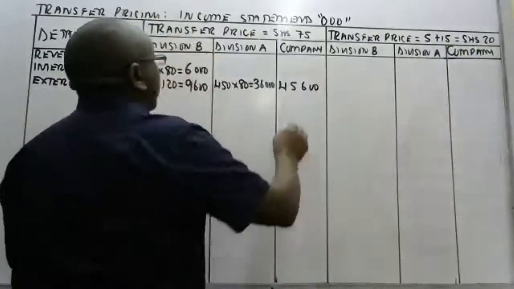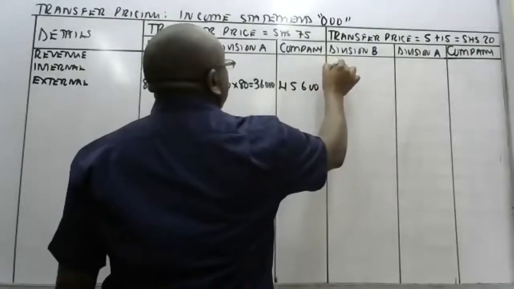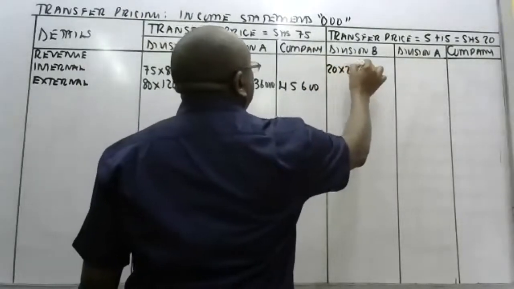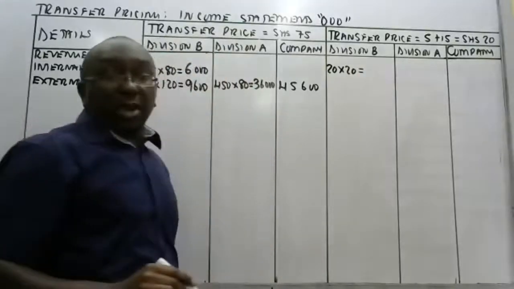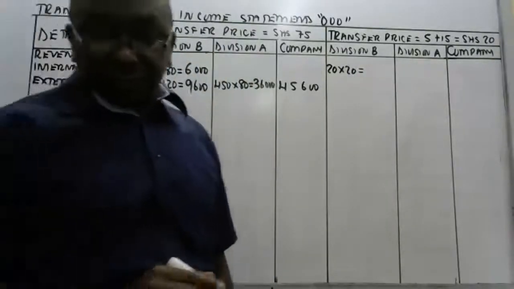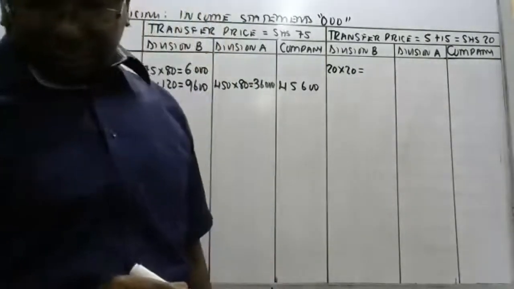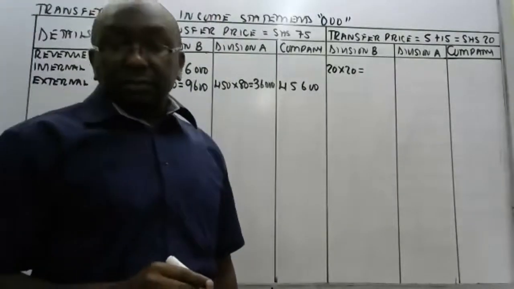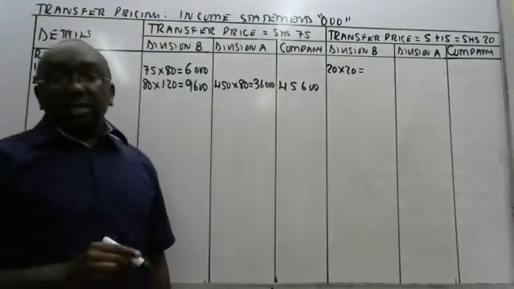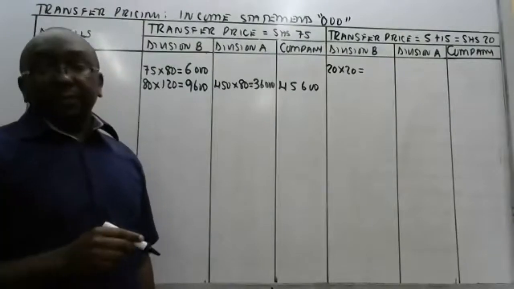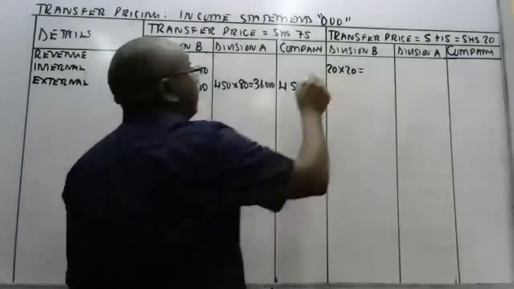So it will be 20 times 20. So 20 times 20 is how much? Yeah, 400.